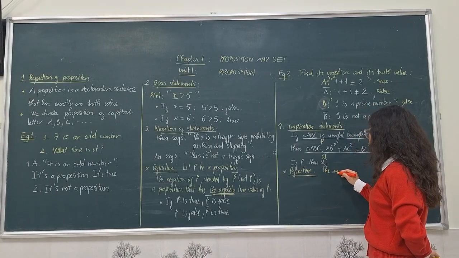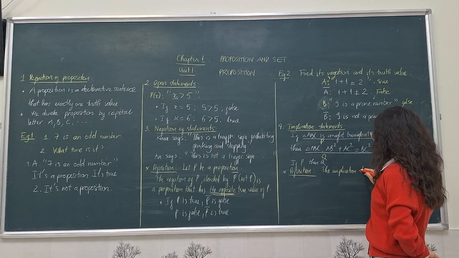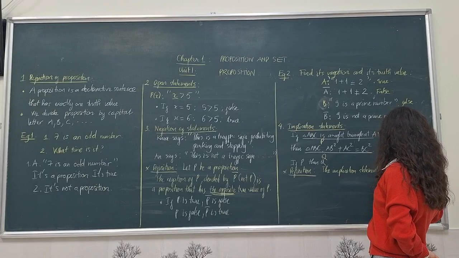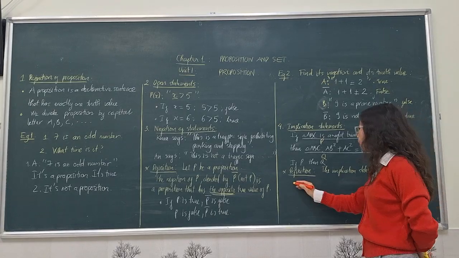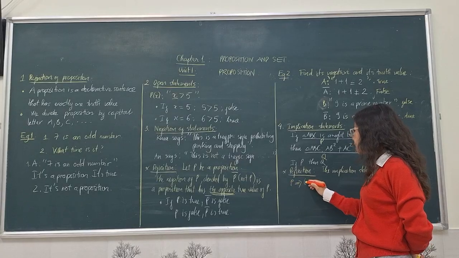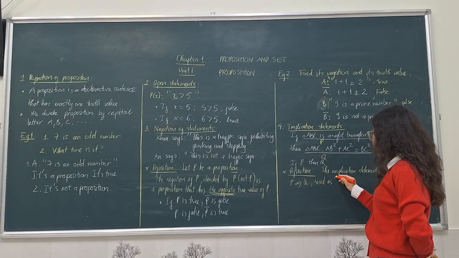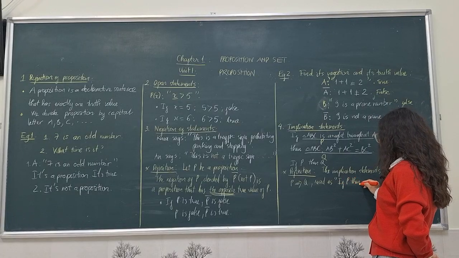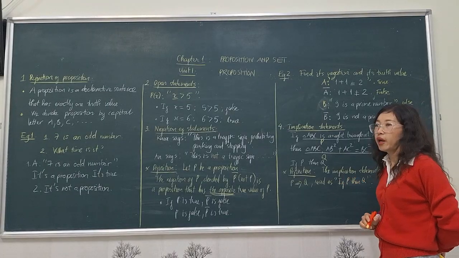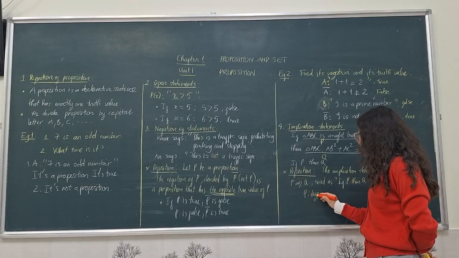Now, the implication statement has the form, definition: the implication statement has the form P implies Q, and we read that as if P then Q, and P is the hypothesis.